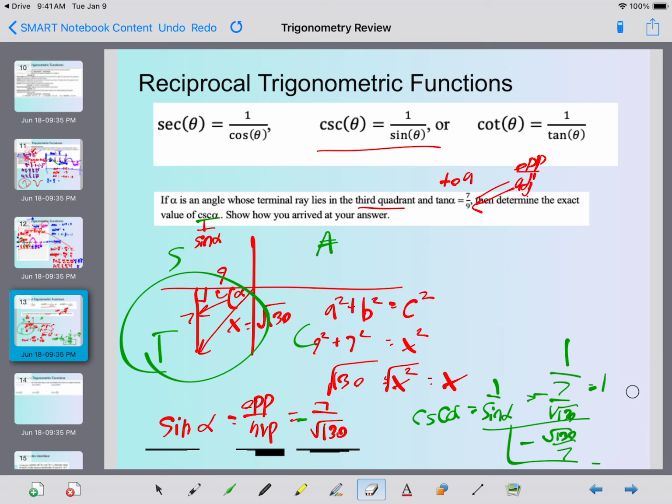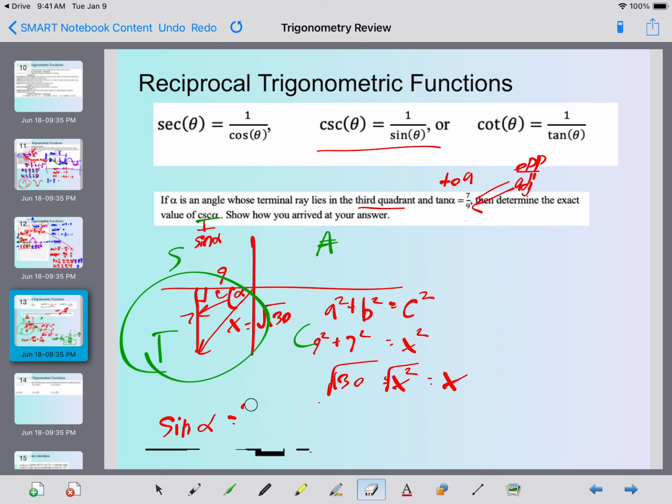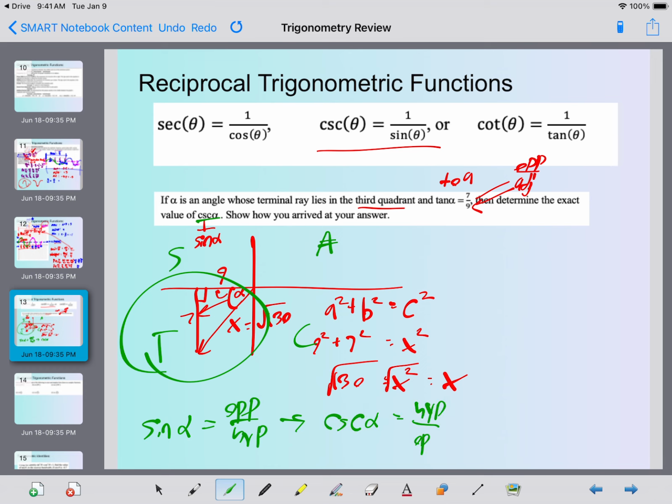We're going to do exactly the same thing now, but rather than finding sine first, you're just going to find cosecant. Since sine of alpha is opposite over hypotenuse, then cosecant of alpha will be hypotenuse over opposite. So what is your hypotenuse?